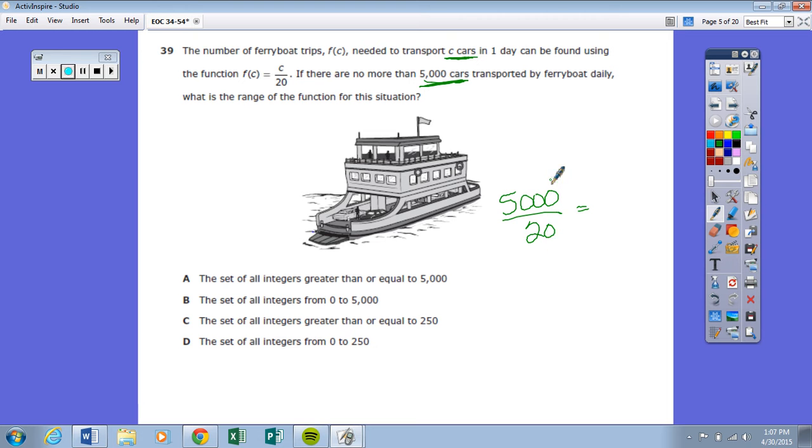And so when I do that, I'm getting 2 into 500. That's going to be about 250. And so since it's no more than 5,000 cars, my answer needs to be less than 250. So it's got to be the set of the integers from 0 to 50. The set of all integers greater than, no, it's going to be D.